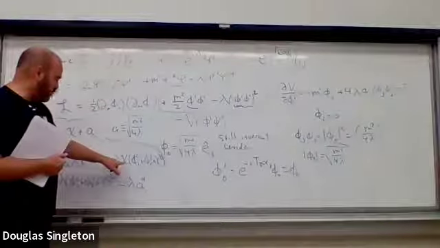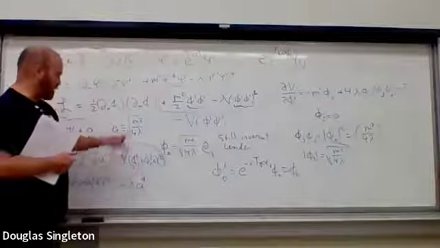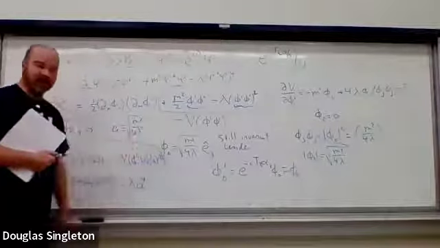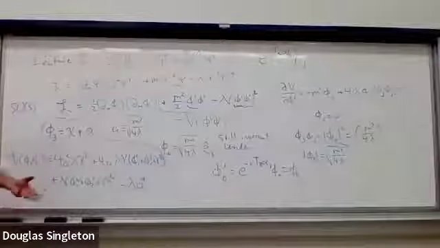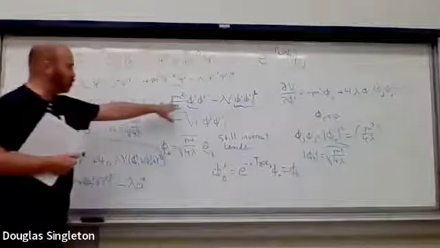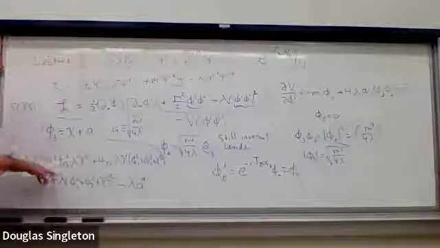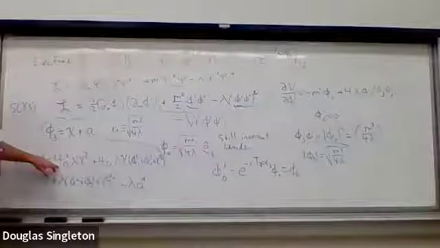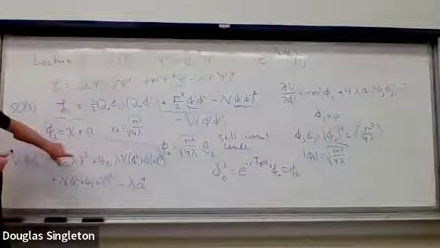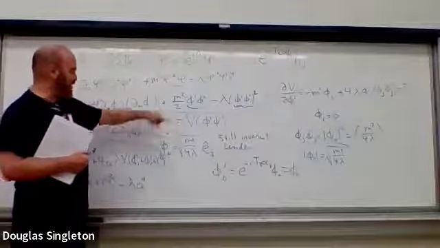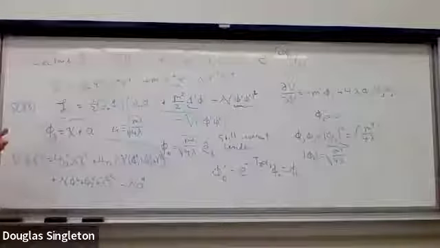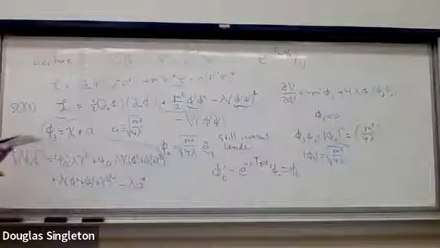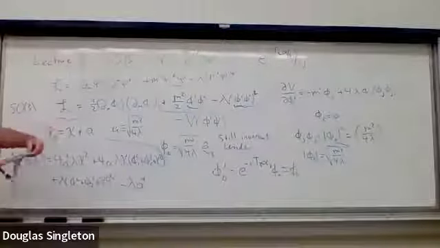So you have 1 power of chi, 2 powers of phi1, 1 power of chi, 2 powers of phi2, and then 3 powers of chi. Those are cubic interactions, which is something new; you didn't have any cubic interactions before. And the most important thing is you have a mass term, which now has the correct sign. If you put the minus sign here, you see the original mass we start with is not of the correct sign, but now we have something that is of the correct sign, and good.